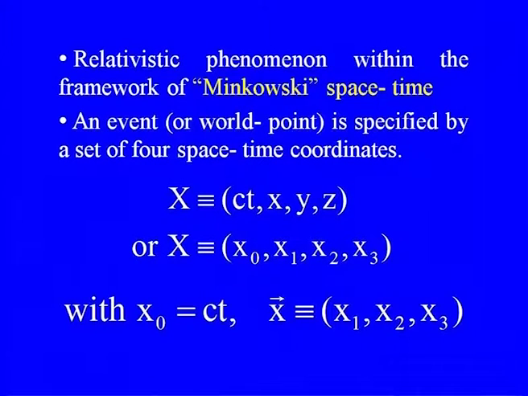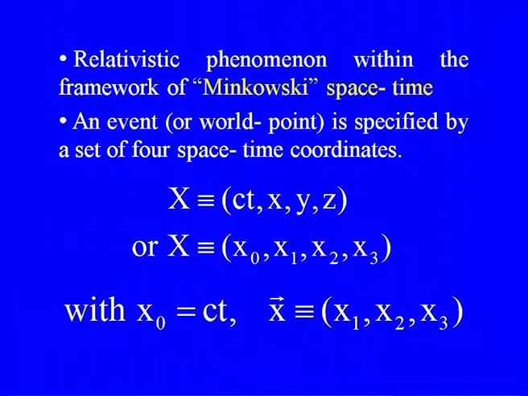Just to recall, we can also think of relativistic phenomena in Minkowski space-time, where an event, or a world point, is specified by four quantities: three space quantities and one time coordinate.